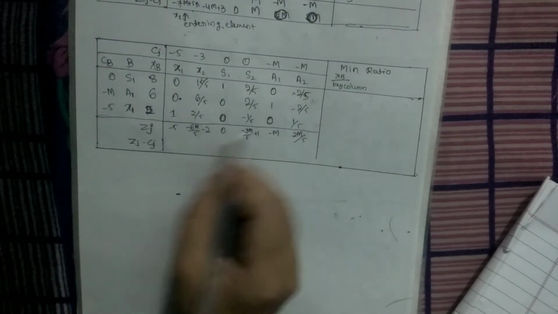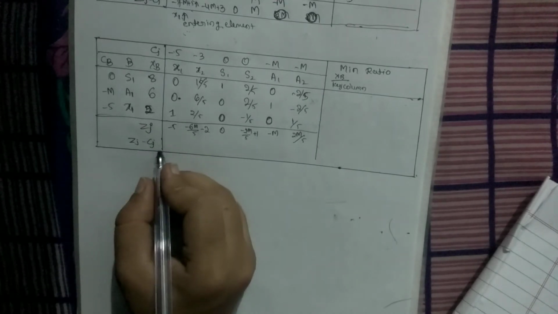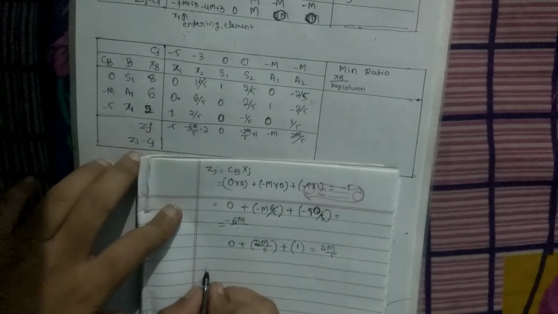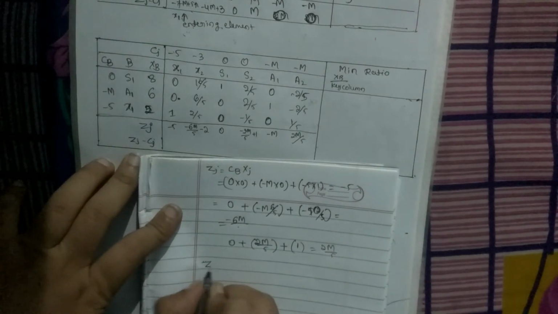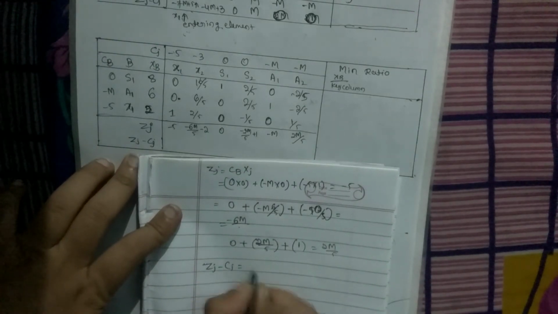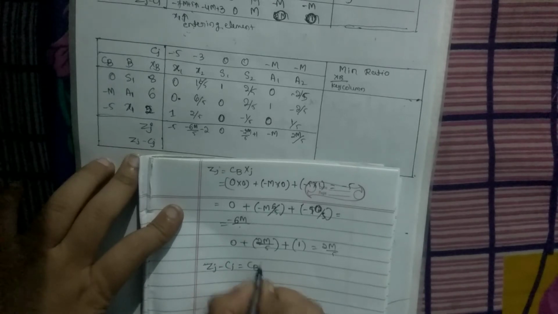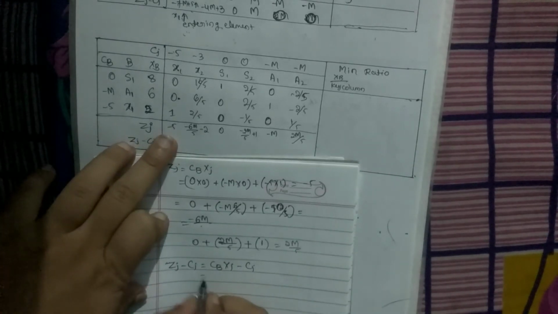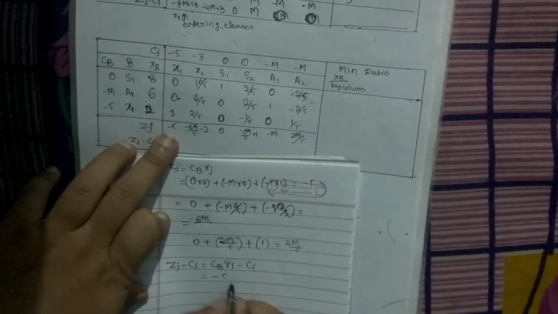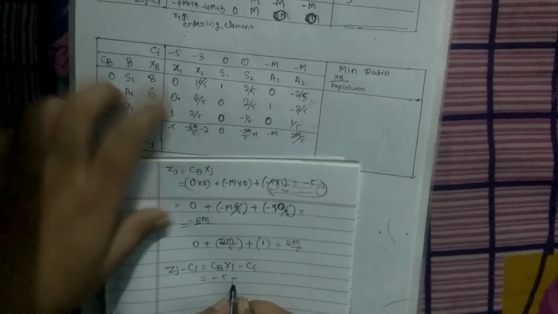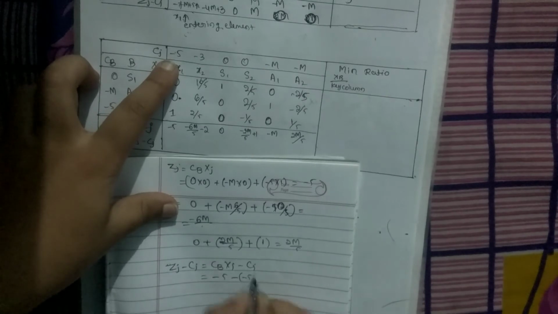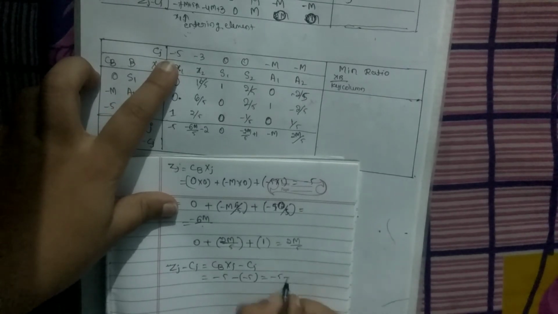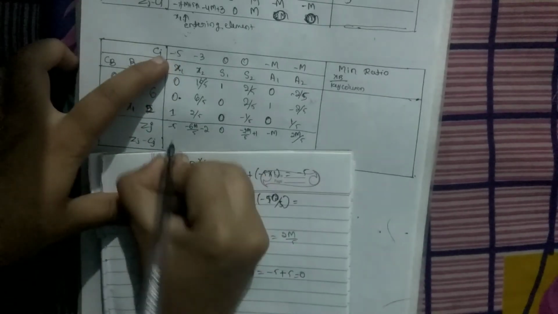Remaining also same, and next we have to find Zj minus Cj. Here, to find Zj minus Cj, the formula is Zj minus Cj equal to Cb into Xj minus Cj. The first answer is minus 5, minus as it is, Cj is minus 5, become minus 5 plus 5 is 0.